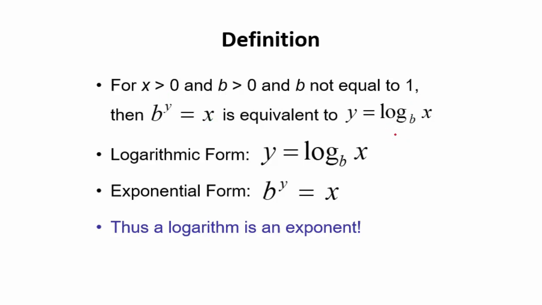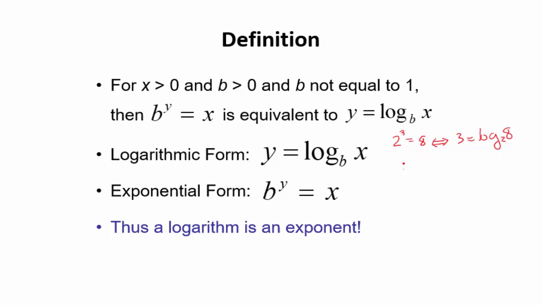Let's take a few examples here. 2 cubed we know is 8. That's equivalent to saying that if I take the log of 8 to the base 2, then it's equal to 3, because 3 is the exponent I raise the base 2 to get 8.